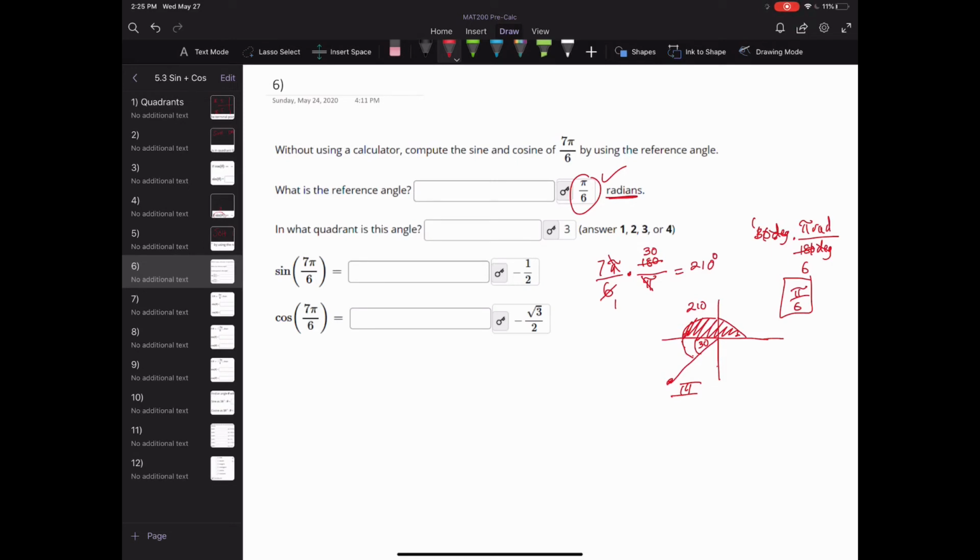And now they want to know what the sine of 7 pi over 6 is. Well, let's just convert this thing here to degrees. Pi's cancel. That's 30. Oh, is that the same thing as above? I didn't realize that.